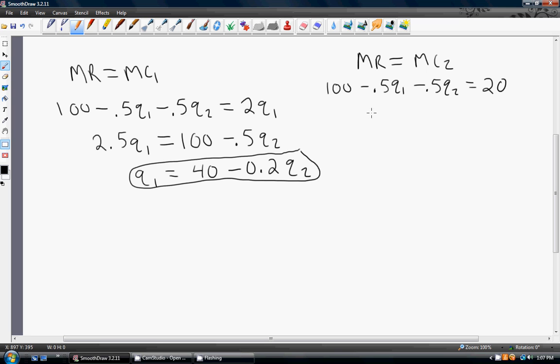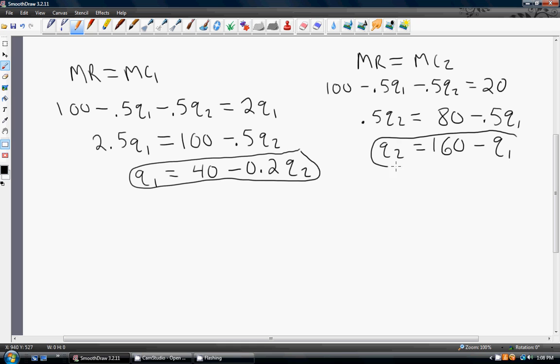This time let's solve for Q2, dividing through by 0.5. We get this result: output equals 160 minus Q subscript 1.